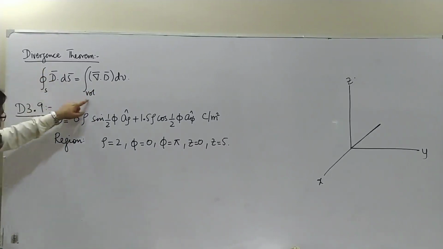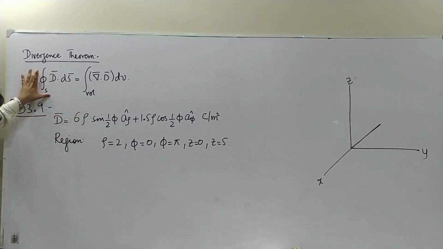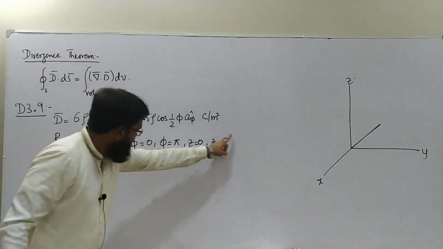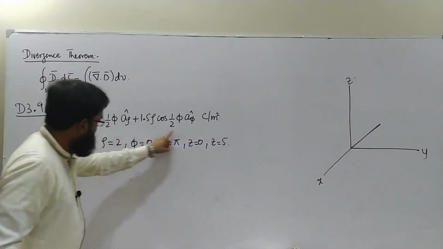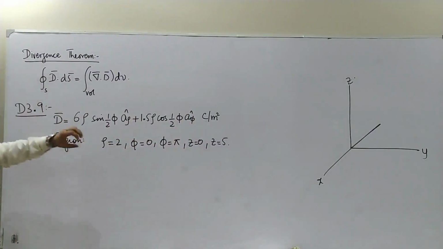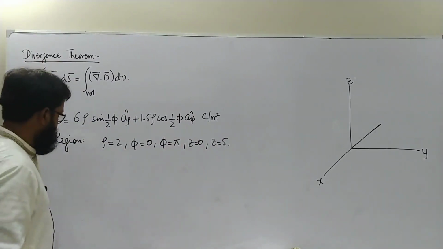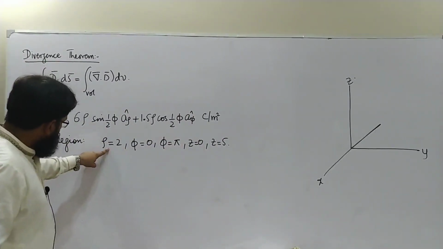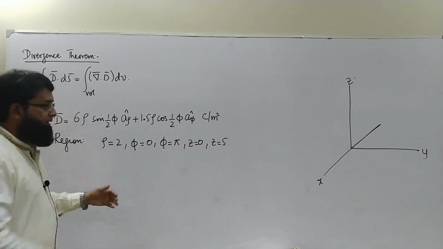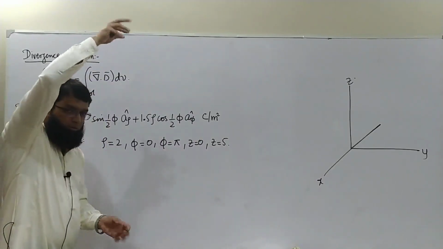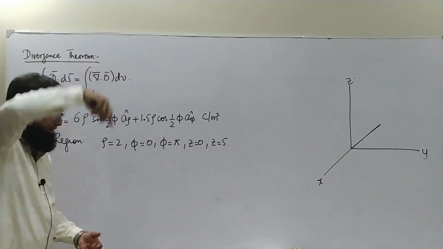So there is a relationship between this surface and this volume. Remember, this region must define a closed surface, otherwise we cannot apply the divergence theorem, because it is applied over closed surfaces. So this is rho equals 2, an infinite cylinder, but it is open from the top and the bottom. Remember that it's a hollow cylinder.